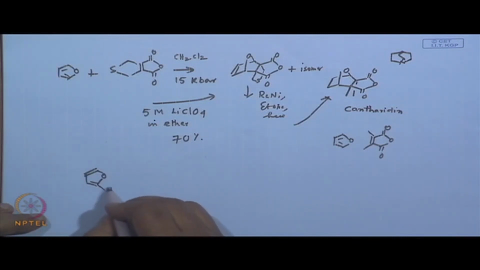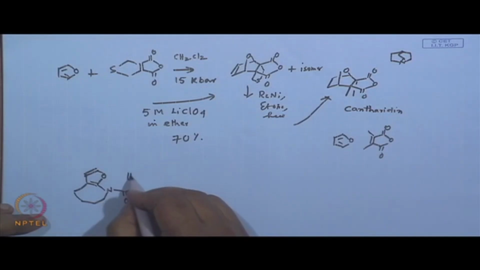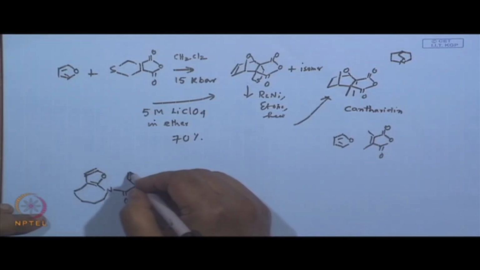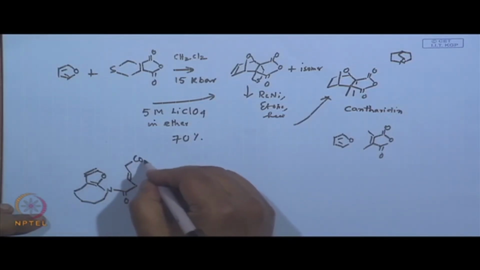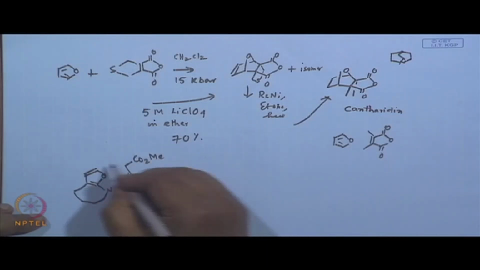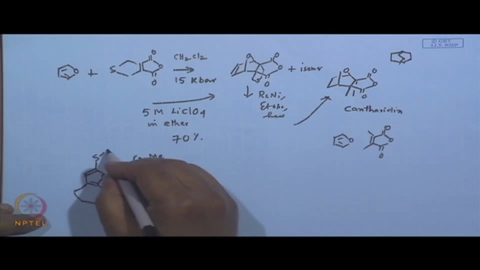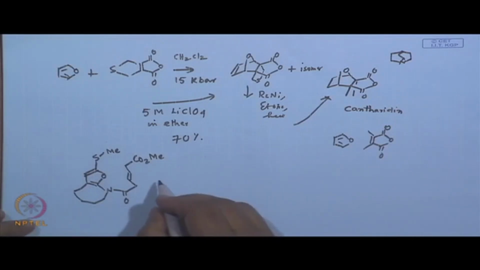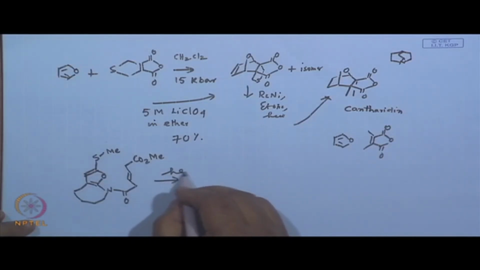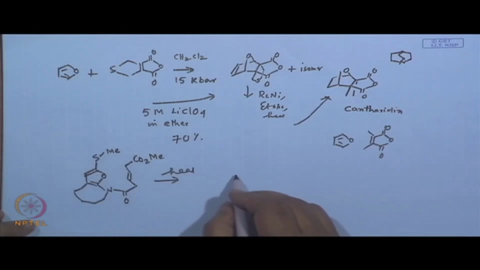Once again it is a seven membered ring with a carbonyl up here, and then a double bond, a methyl group, and a sulfur and methyl up here. Heat it, what do you get?